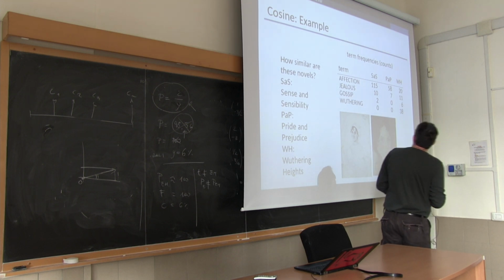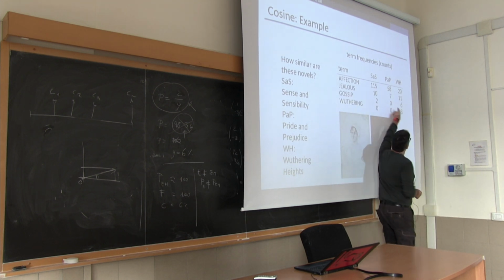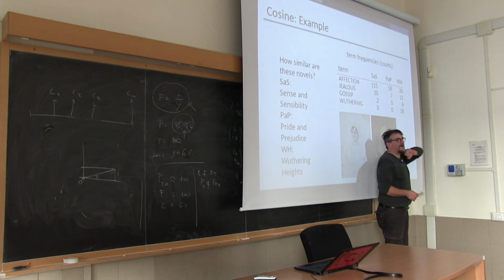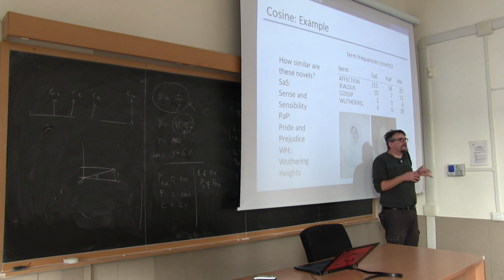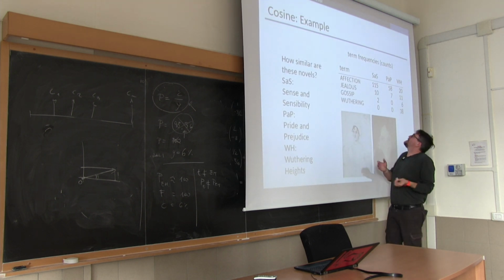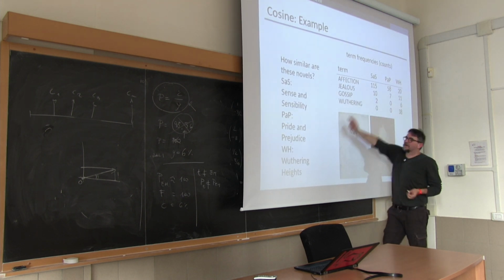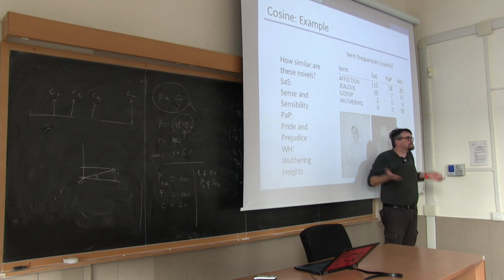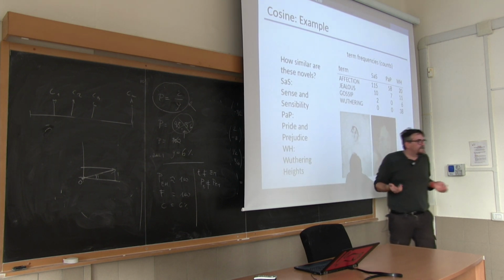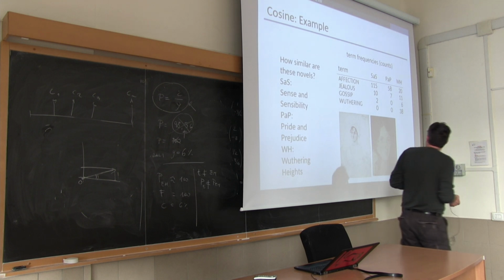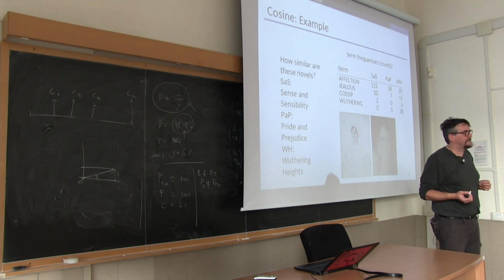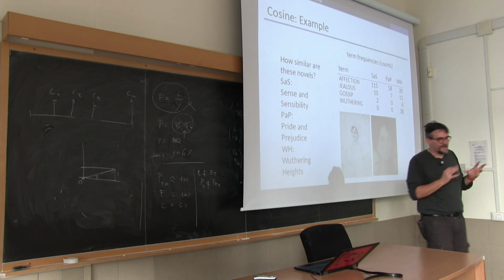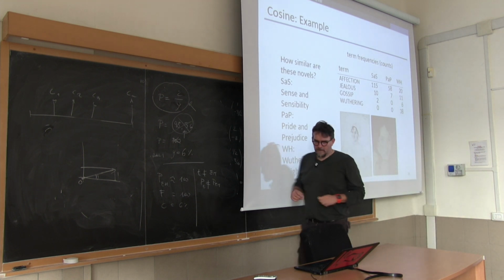Gossip? Let's see, gossip appears in two documents. Wuthering appears only here, so if wuthering is in the query, you have no other option but to go to Wuthering Heights. So in terms of IDF, wuthering is actually the one with the highest IDF. Just to recap what we said.